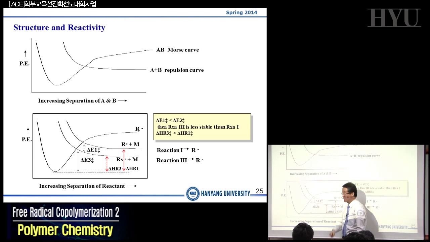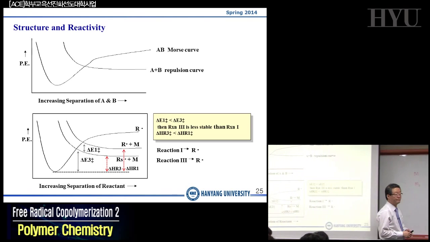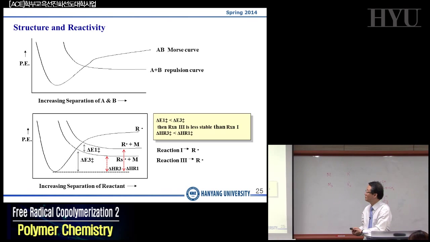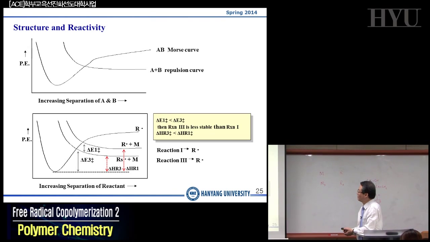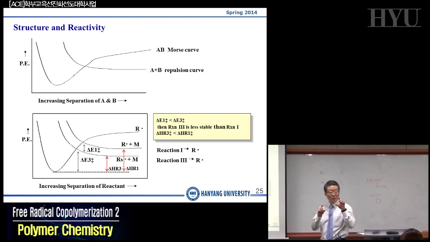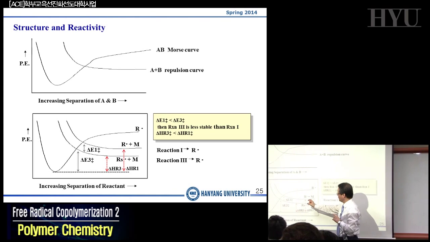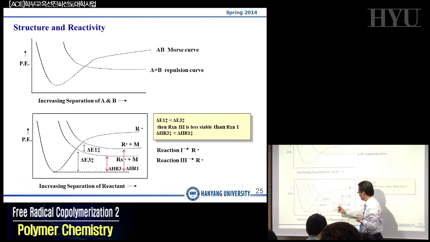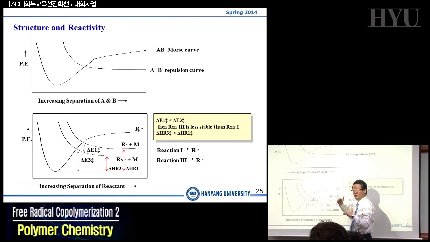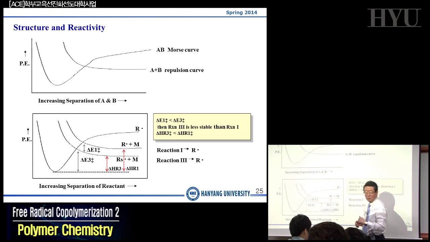This is delta E1. Anyway, you can determine the magnitude of delta E and delta H between the 4 reactions.